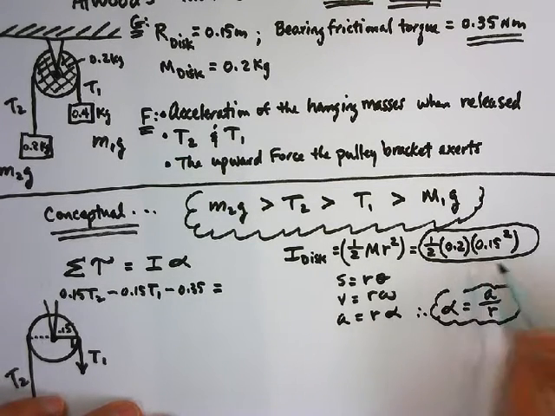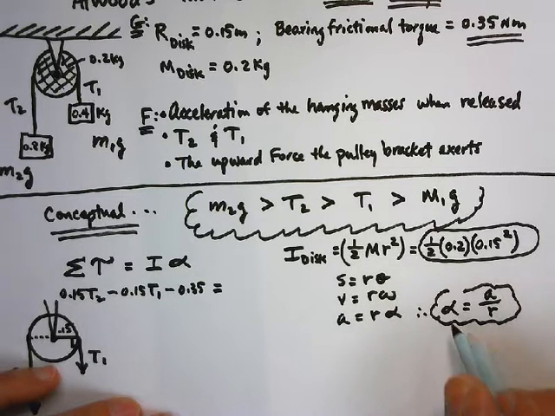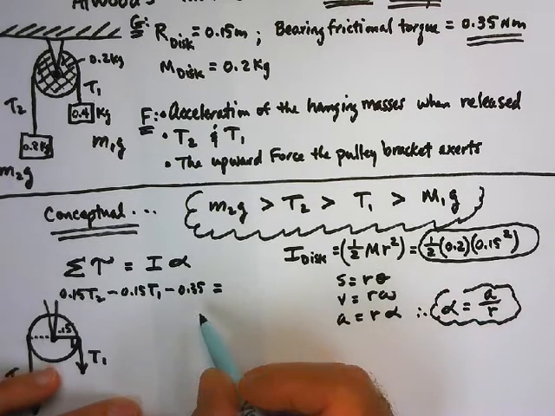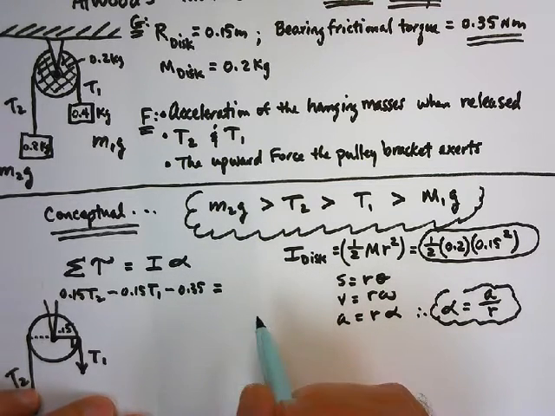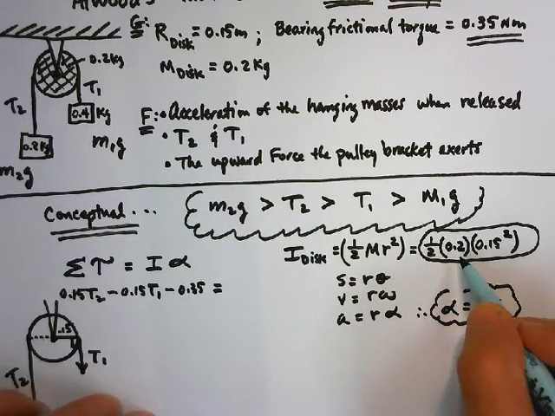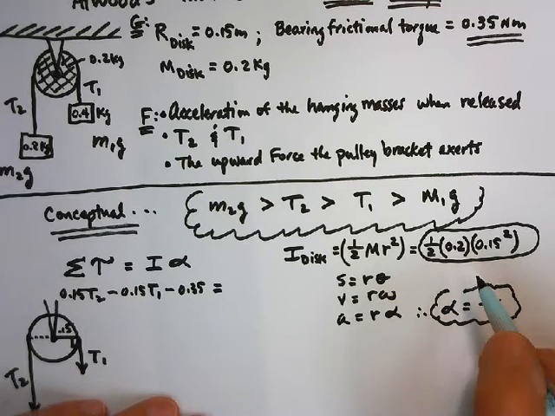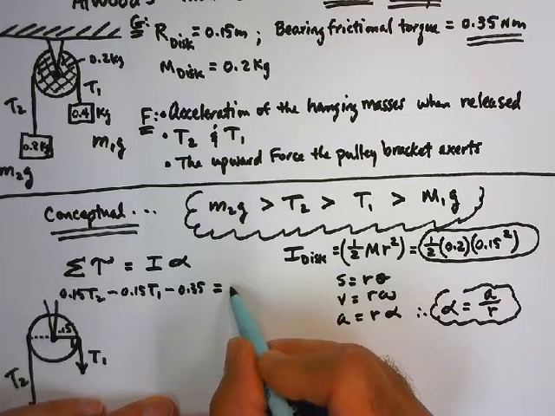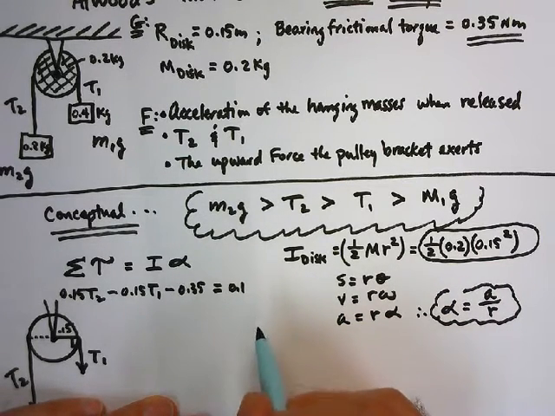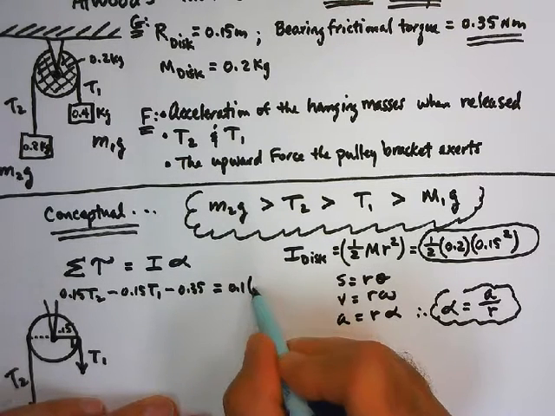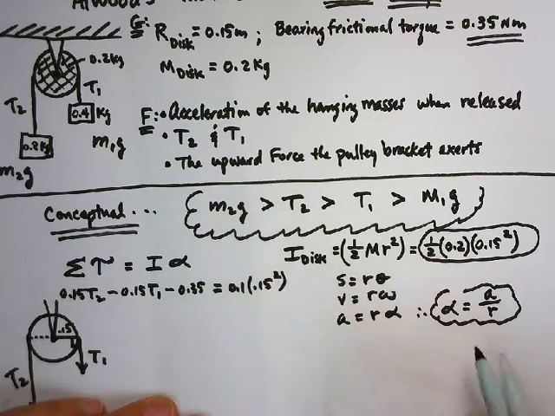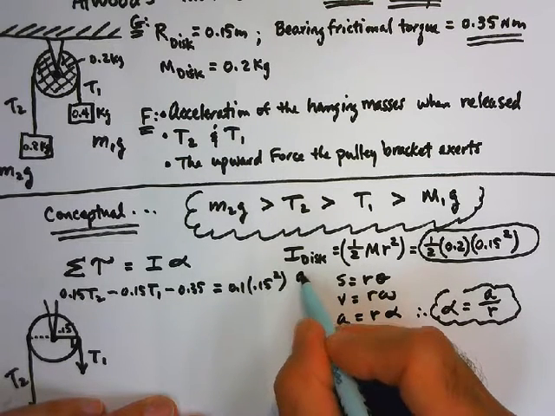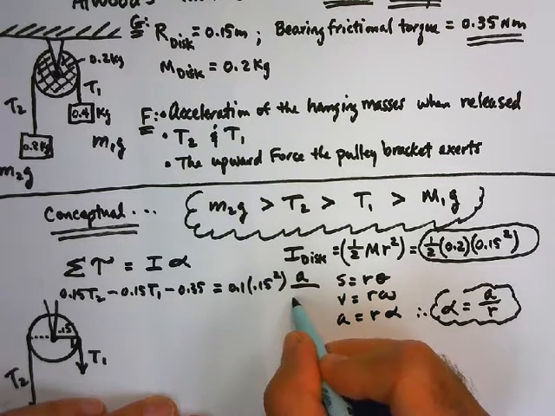So if we go ahead and substitute some of these things in here, I'm running out of space, but that would be 1/2 times 0.2, which would be 0.1. I'll simplify that a little bit. So this is 0.1 times 0.15 squared times A over R, and R is 0.15.